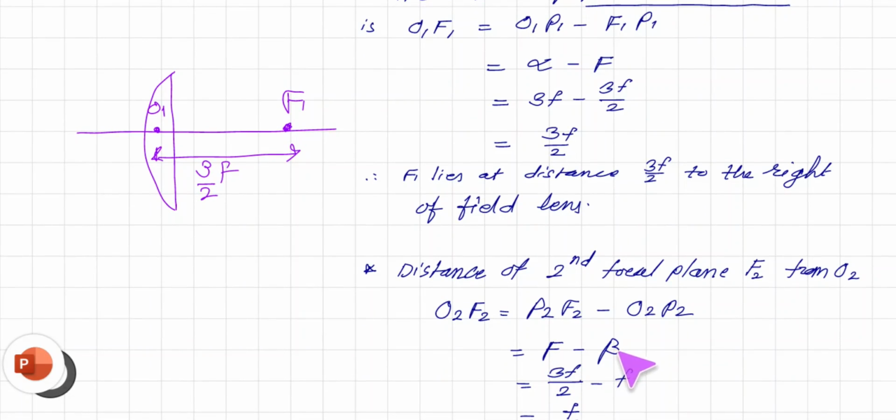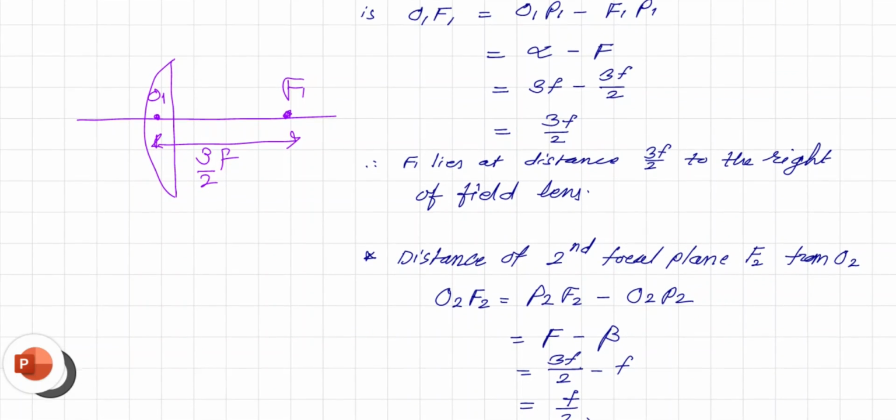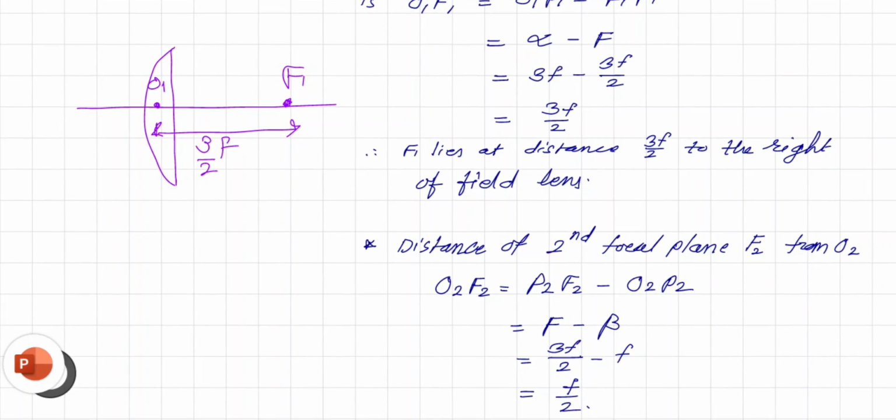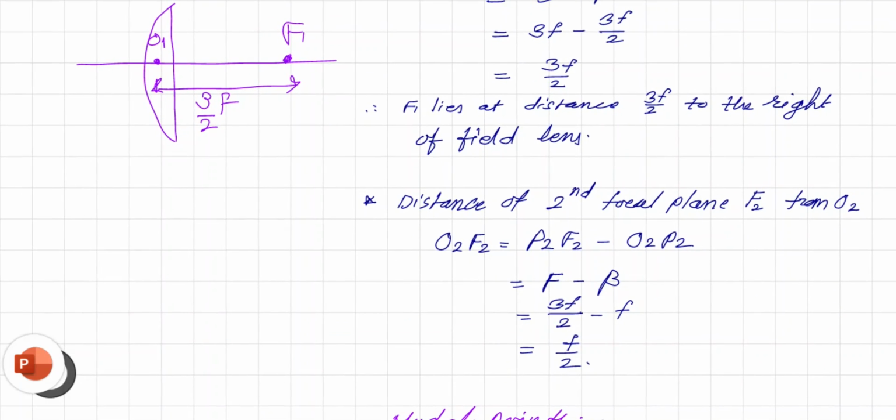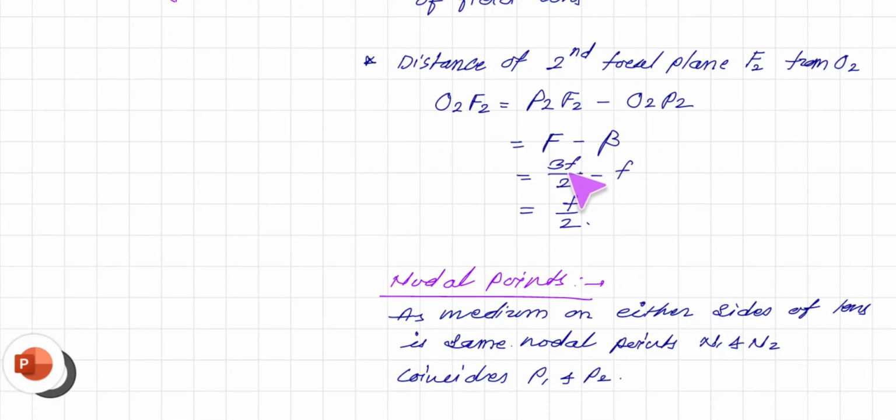That is f minus beta, and with f equal to 3f upon 2 and beta minus f, we get f by 2. So the distance of the second focal point is f/2 from O2.